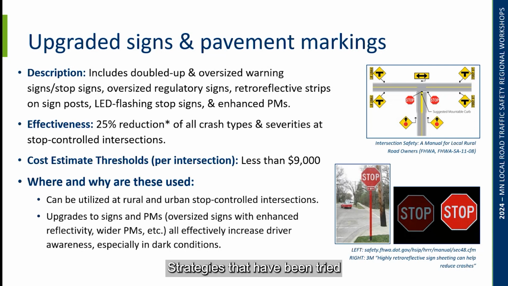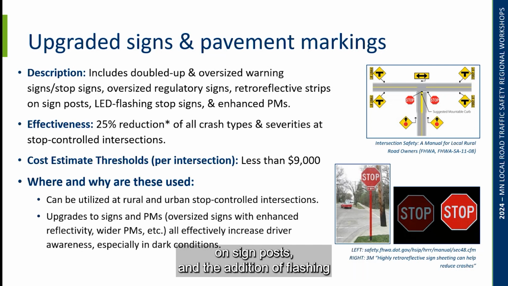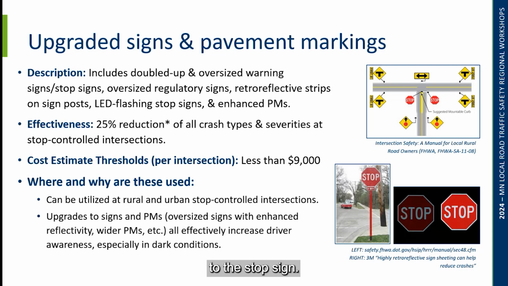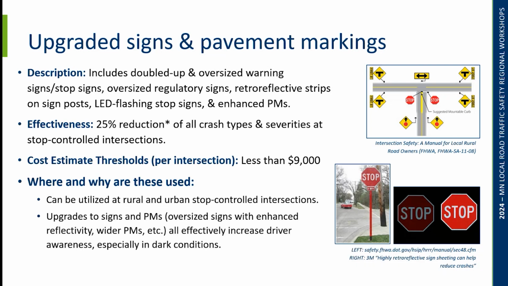Strategies that have been tried to address these crashes include oversized stop signs, reflective strips on signposts, and the addition of flashing LED lights to the stop signs. All of these features are intended to call more attention to the stop sign in an effort to reduce run the stop crashes, and the effectiveness has been mixed.